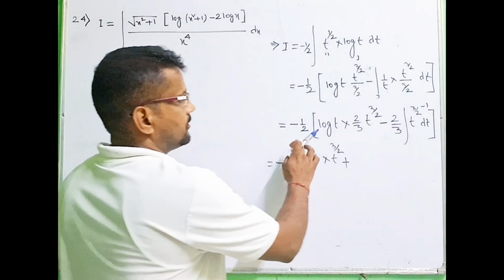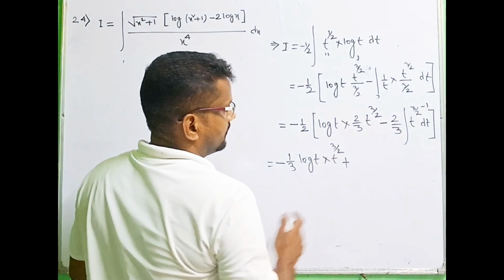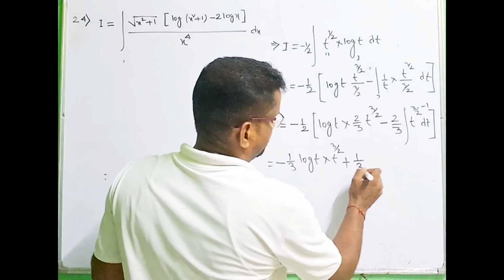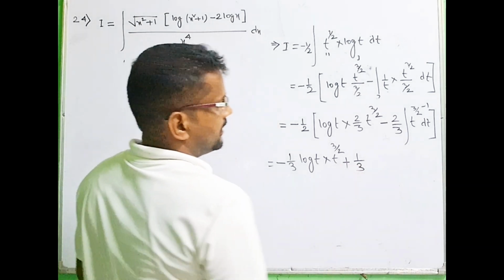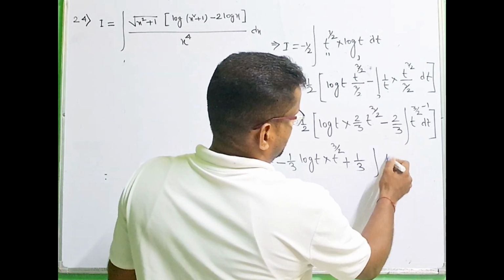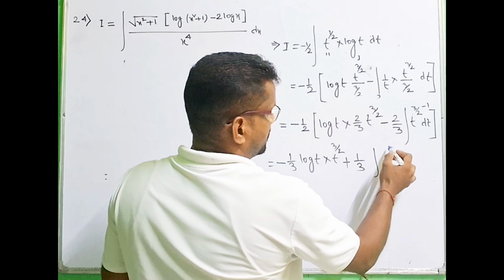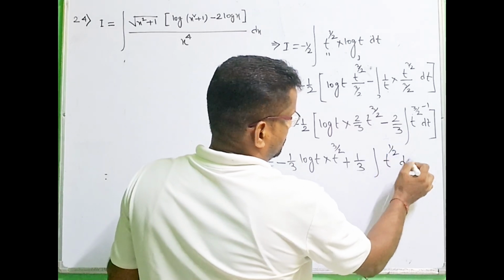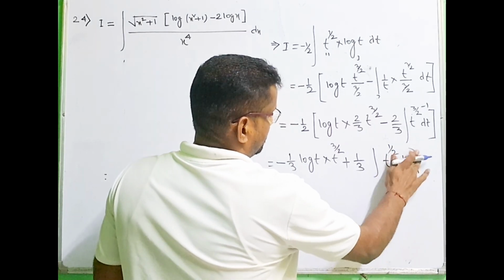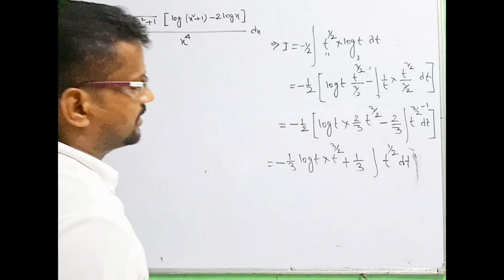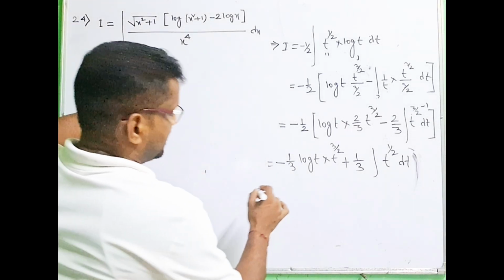Okay, then half into 2 by 3, that will be your 1 by 3, and integration of t to the power 3 by 2 minus 1 is what, 1 by 2 dt. Almost we have done. I repeat, the constant of integration at last we will add.